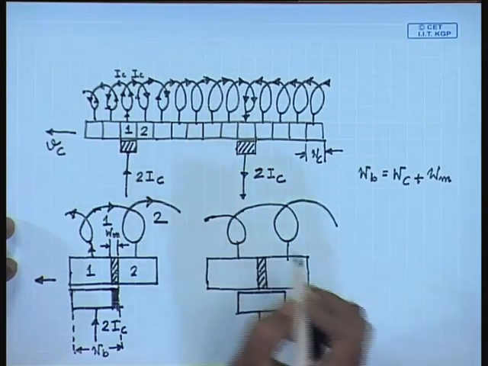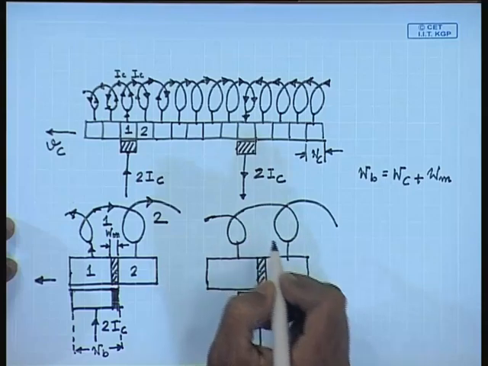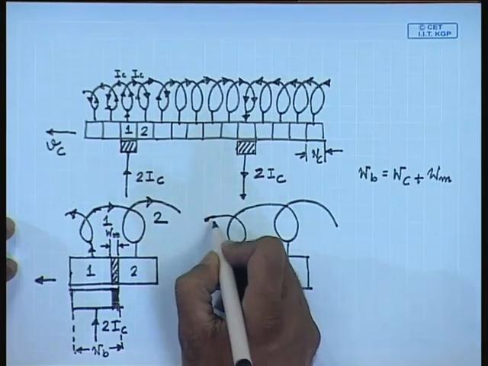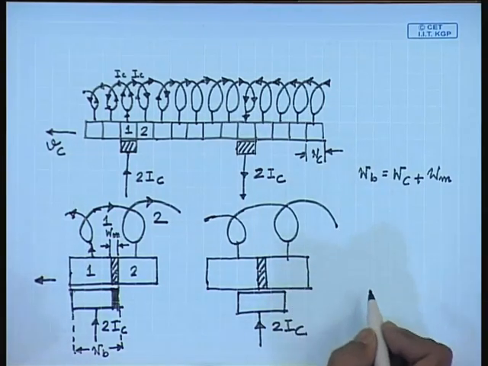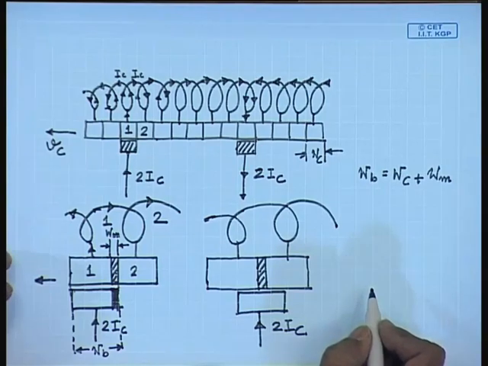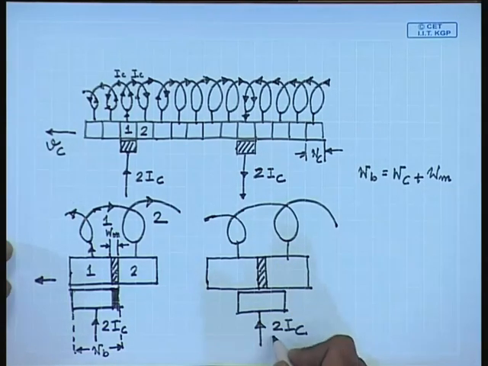This current is still IC. We see that this current is still 2 IC.